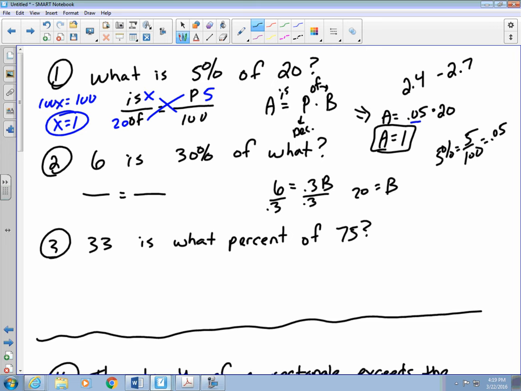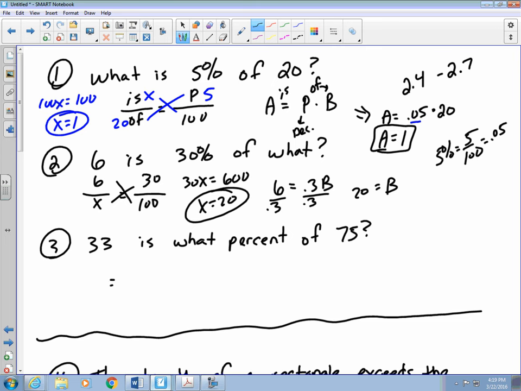So 20 is a larger number. Here we want to know the of, and we get the same thing. When I cross multiply this, I got 30x equals 600, and then 600 divided by 30 is your 20 again. So it's totally up to you.